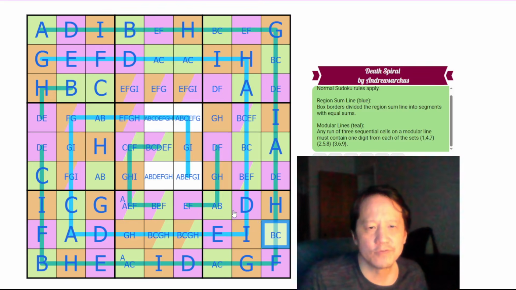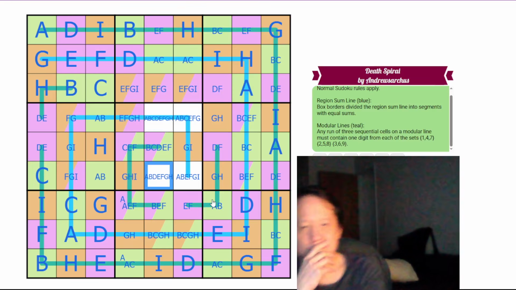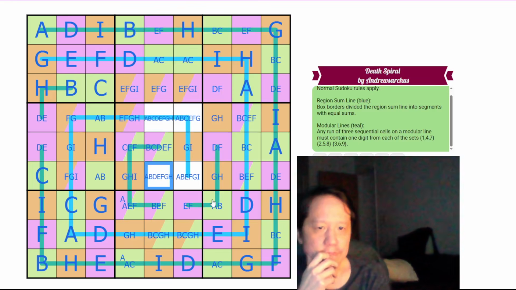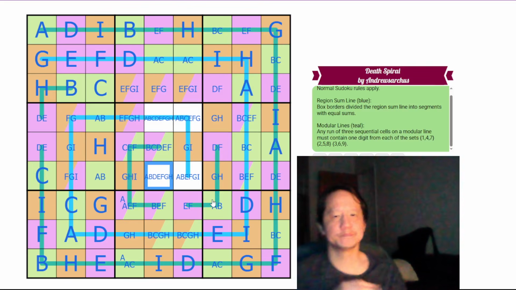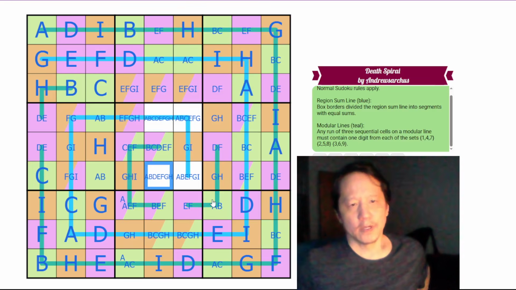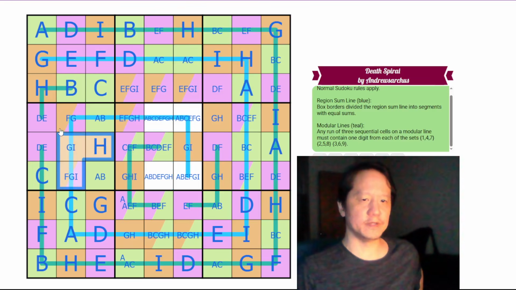What else do we have? Yeah, we get orange cannot be 0 mod 3.